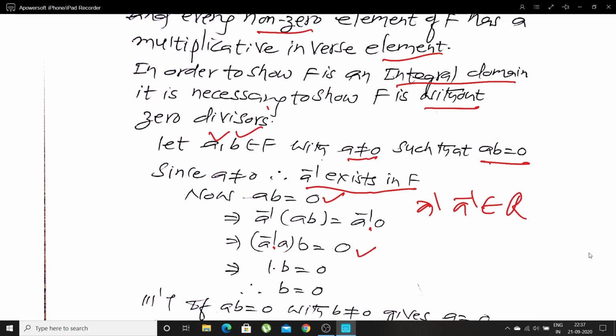Again b equals 0, because 1 is not equal to 0.